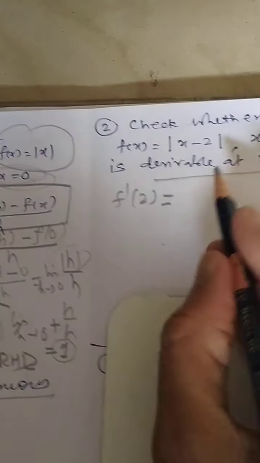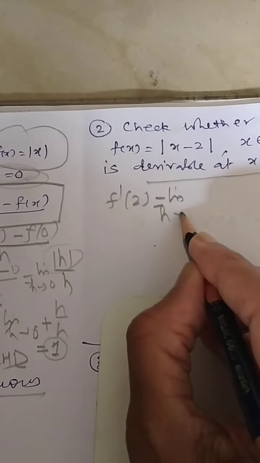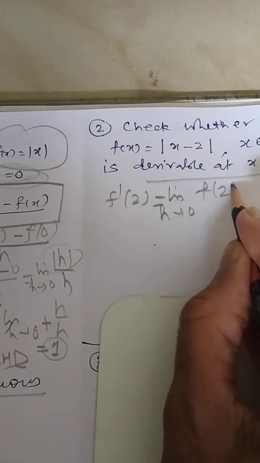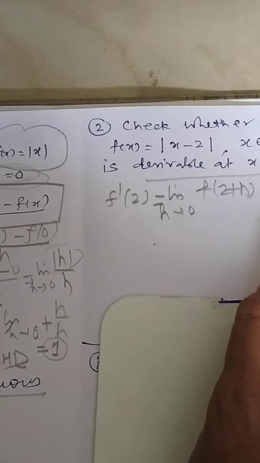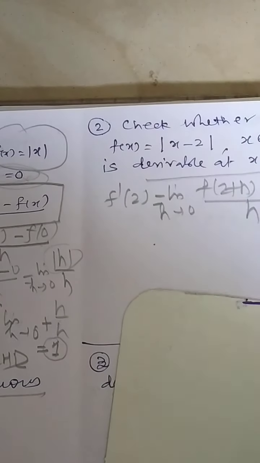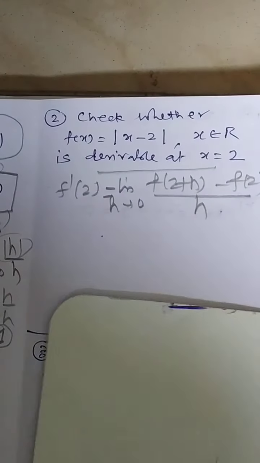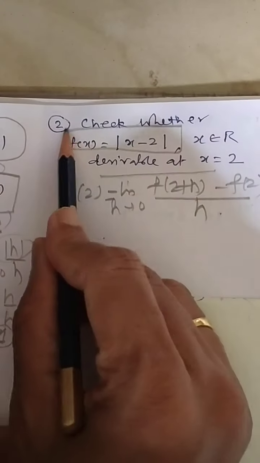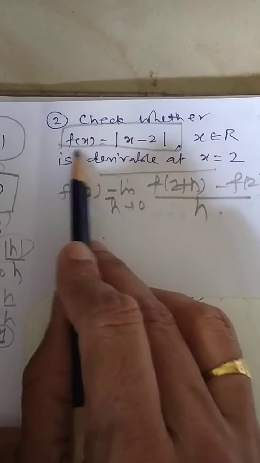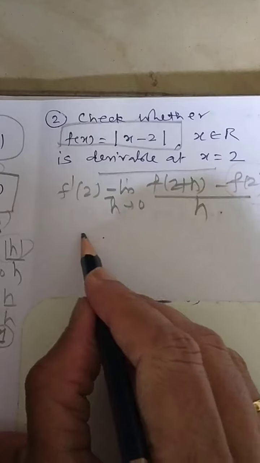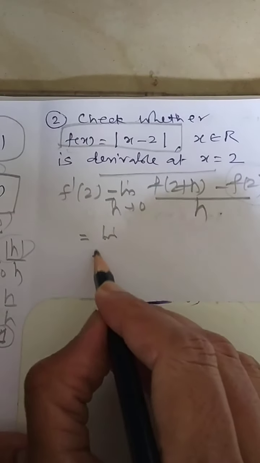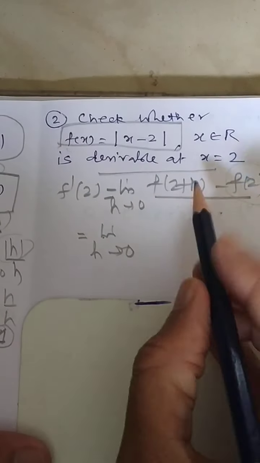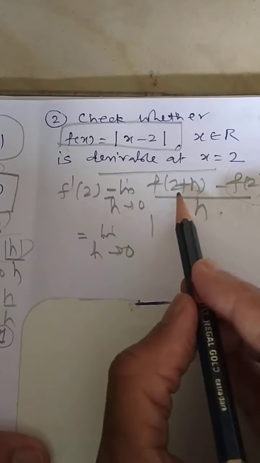Now f dash of 2 will be equal to limit as h tends to 0 of f of 2 plus h minus f of 2 upon h. This is the way. Now the function is the same. What is f of 2? I am asking you, f of 2 will be 0. Therefore it will be equal to limit as h tends to 0 of mod of 2 plus h minus 2.